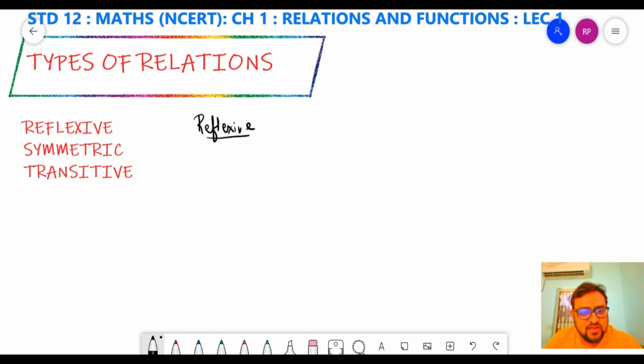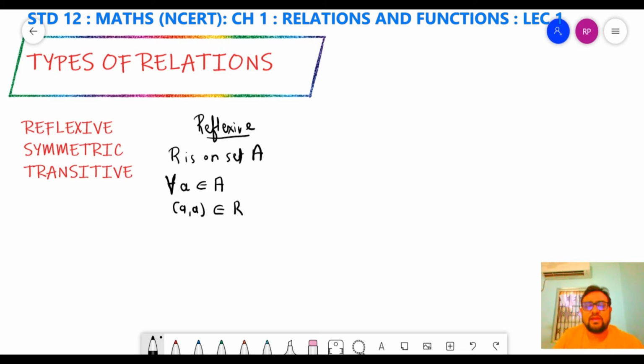Now see, if the relation is on set A, then for every element a belonging to A, (a, a) must belong to R. For every element a belonging to A, if (a, a) belongs to R, then it is reflexive.